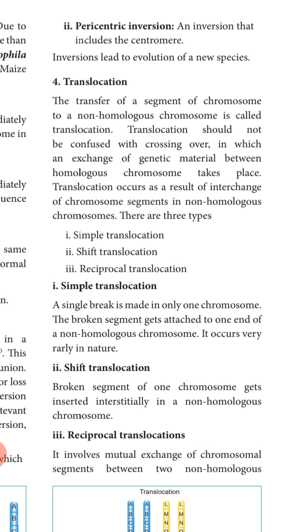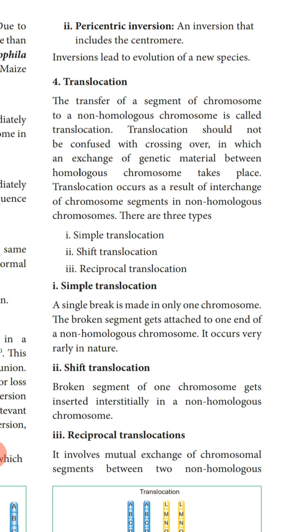So here also a single break is made in only one chromosome, that is, a terminal segment is getting deleted and the broken segment gets attached to one end of the non-homologous chromosome. So that broken segment goes and attaches to another non-homologous chromosome. So that is called simple translocation.